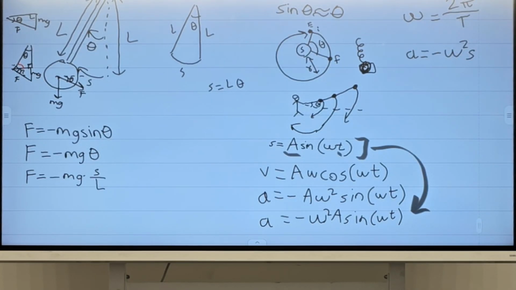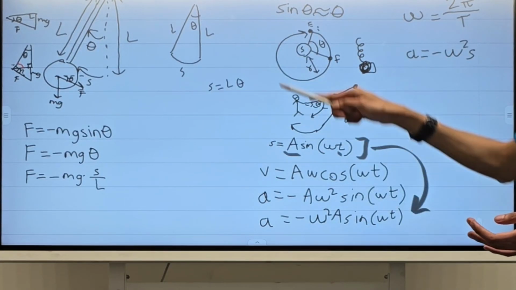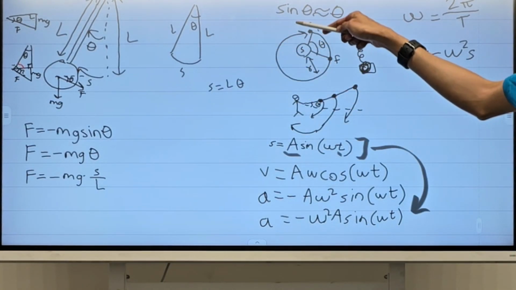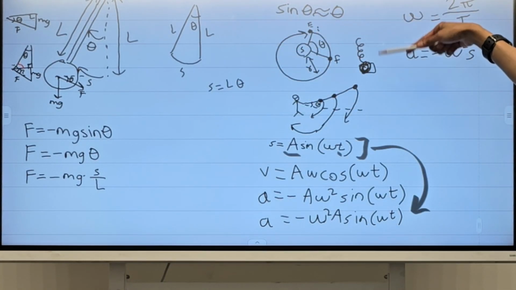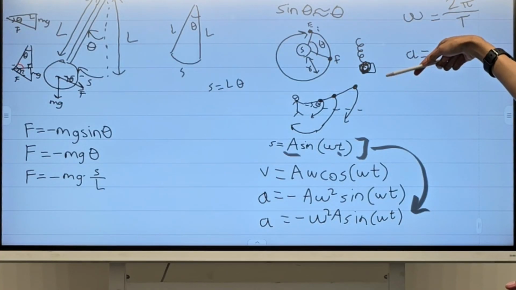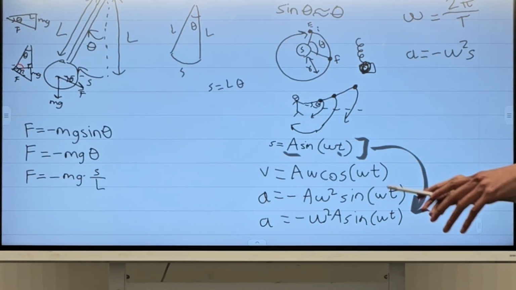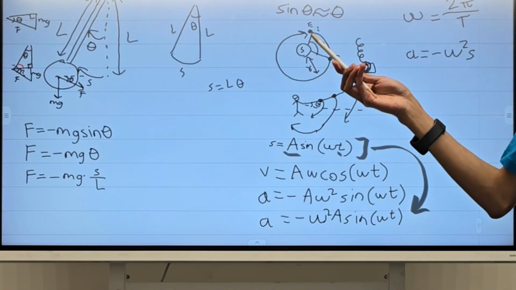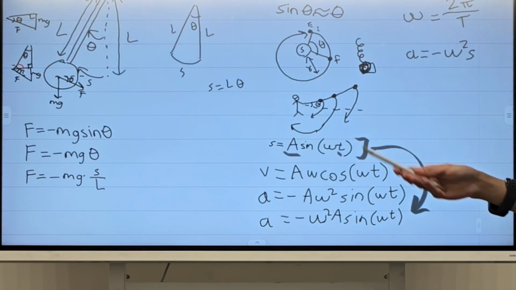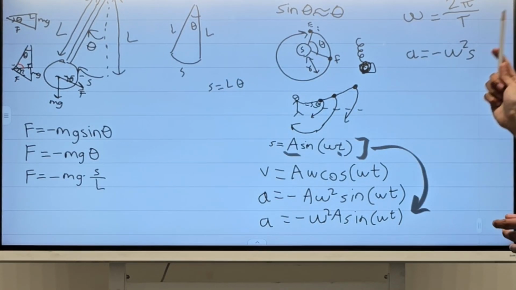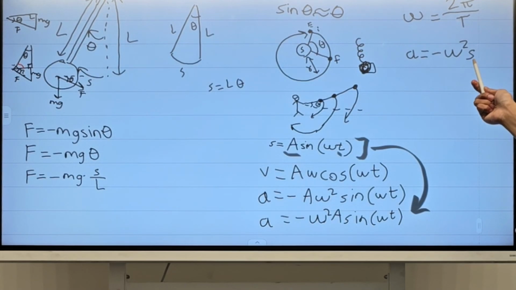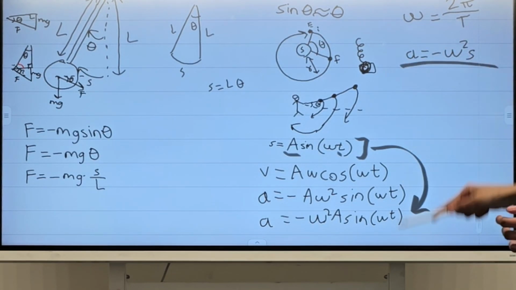This is the acceleration of an object going in a circular motion, either in a pendulum or a swinging rope or around a planet or a bobbing up and down spring mass system, whatever system you're using. If you throw a rock into a puddle and make a wave, acceleration is equal to the negative angular velocity squared multiplied by the displacement. That is the equation we need.